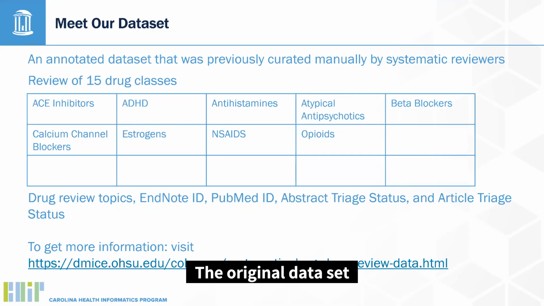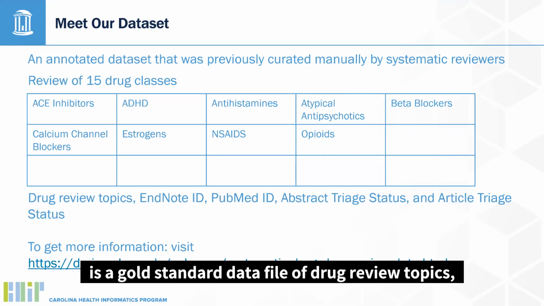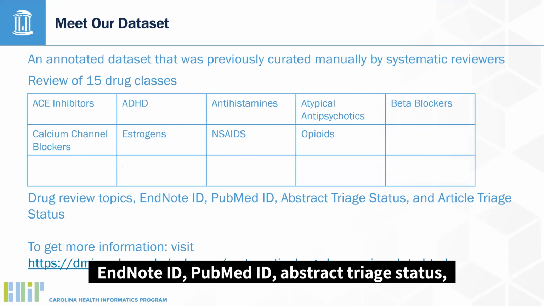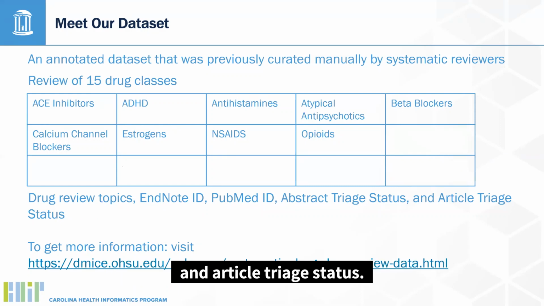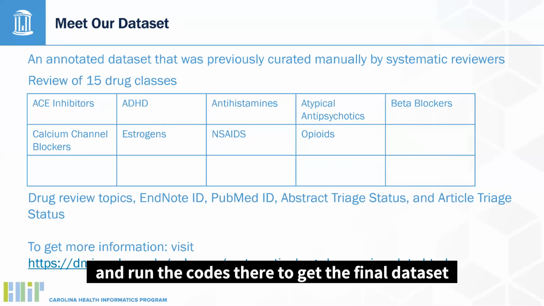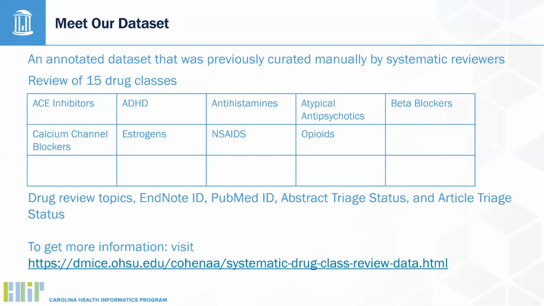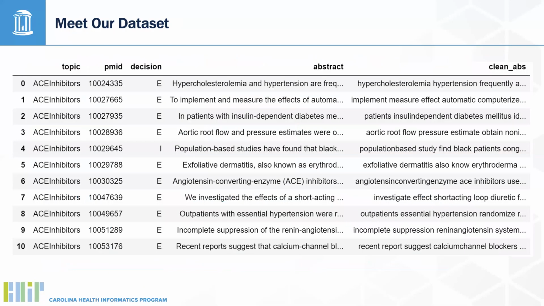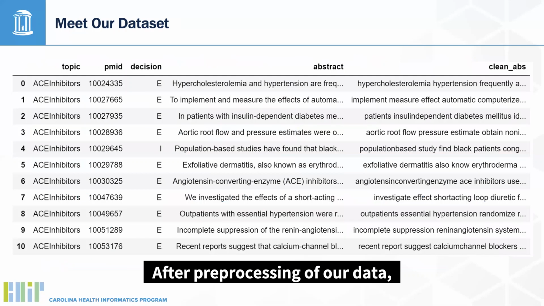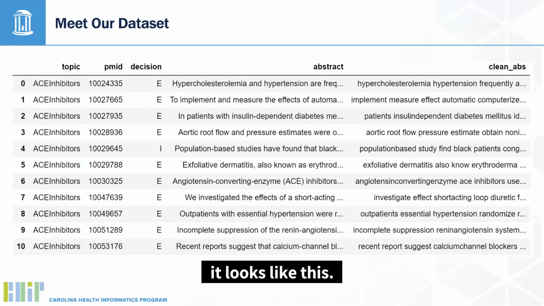The original dataset is a gold standard data file of drug review topics, EndNote ID, PubMed ID, abstract triage status, and article triage status. Please go to Jupyter Notebook and run the codes there to get the final dataset we will use. After pre-processing of our data, it looks like this.